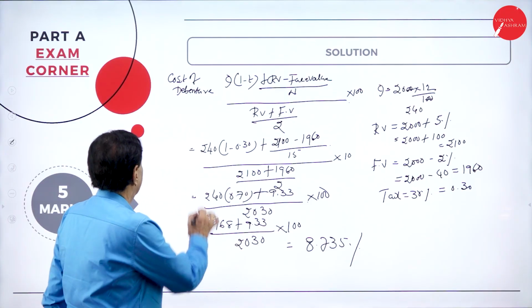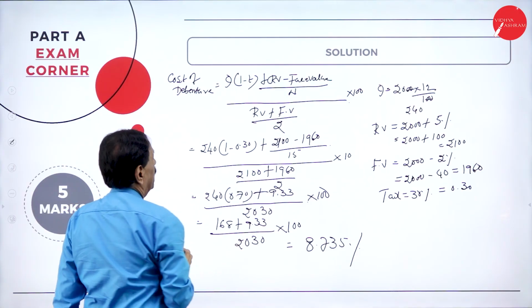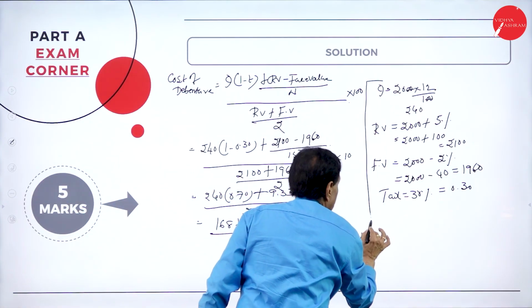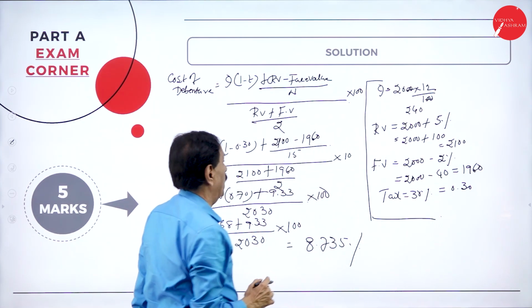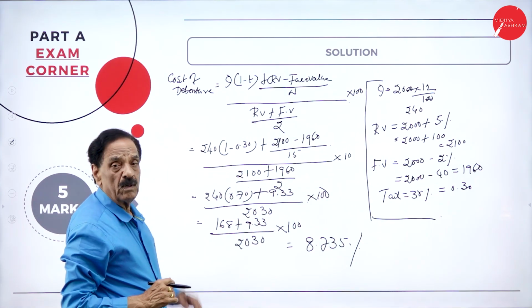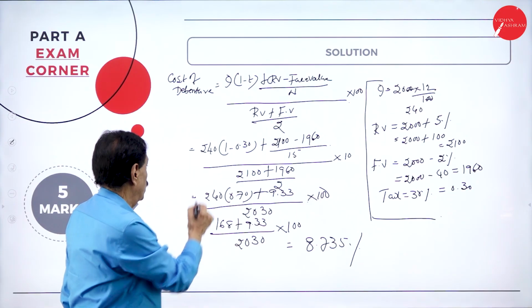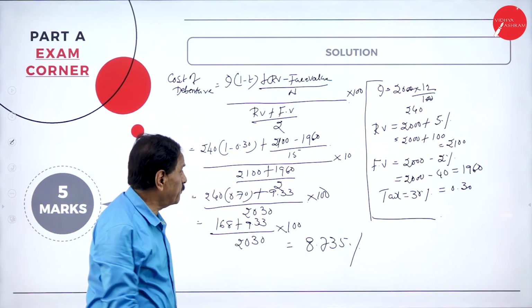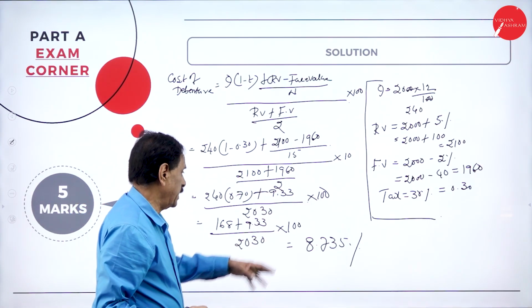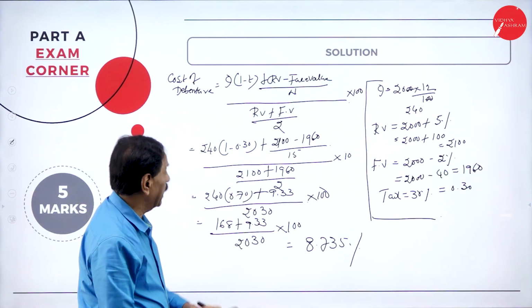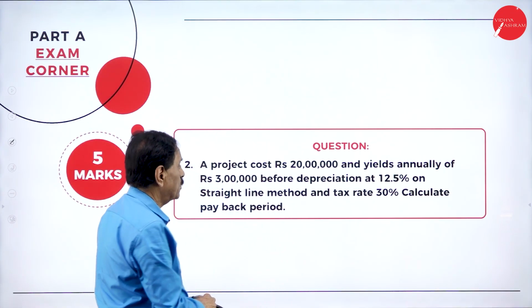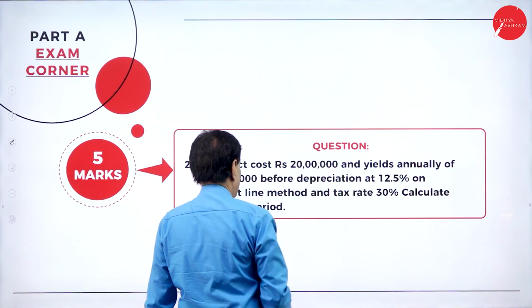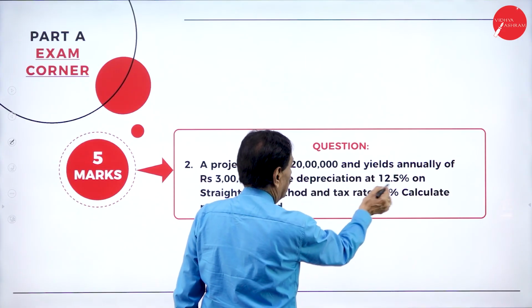What's your formula? Cost of debenture is I into 1 minus T plus redeemable value minus face value divided by N, divided by redeemable value plus face value divided by 2. 240 into 0.7, 2100 minus 1960, number of years is 15, divided by 2, into 100. It will come to 8.735%.